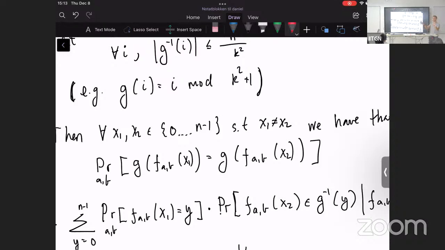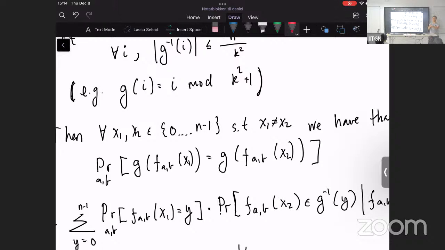The probability that they end up in the same bucket is roughly what I want it to be, 1 over k squared. If things were going on completely at random, if I were bucketing uniformly at random with k squared buckets, the first one goes in the first bucket, then the probability that the second one goes in the same bucket is 1 over k squared.